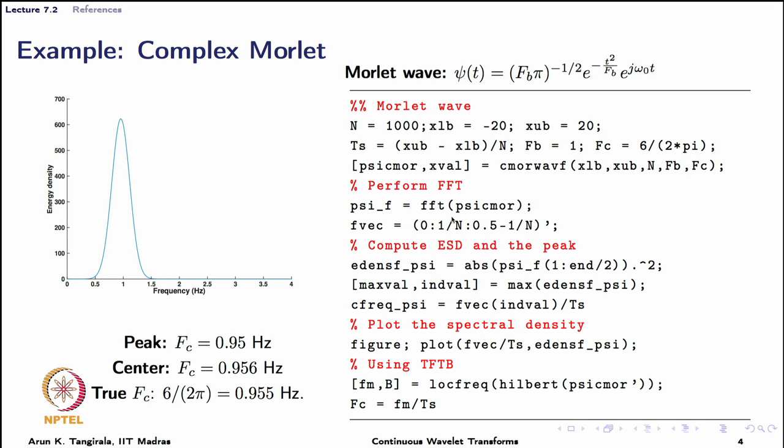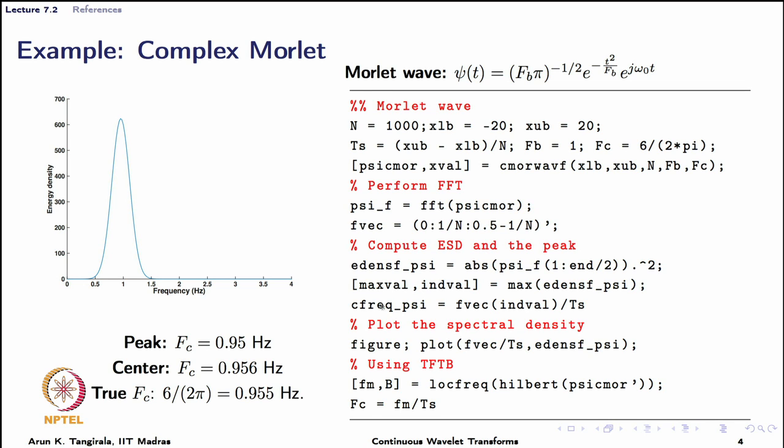Then I take the Fourier transform using the FFT algorithm, and locate the peak in order to calculate the peak frequency. So, I compute the energy spectral density, locate the peak, and remember when I am computing the Fourier transform, I am treating this as a discretized or discrete time Morlet wave.